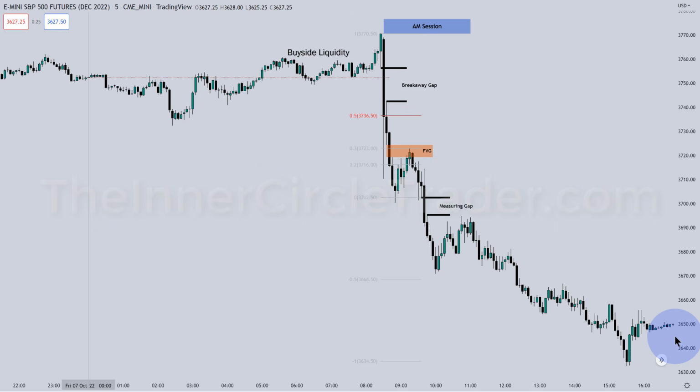That's what you need to be understanding as the most important thing. Why should price go to wherever it is you think it should go? Period. What's the draw on liquidity? Where should price be going to? Wherever it is right now, that's market price. We all see that real time when we're looking at the charts.